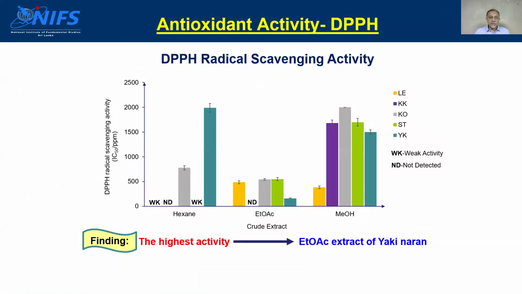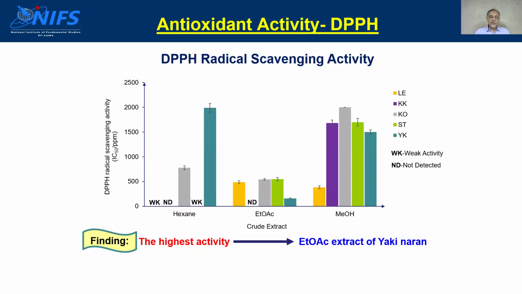After determining TPC of the plant sources, we now move on to investigating the antioxidant capacity of these plant extracts. Again, I would like to remind you, we have 5 plants, and each plant was subjected to hexane, ethyl acetate, and methanol. It is a sequential extraction process.